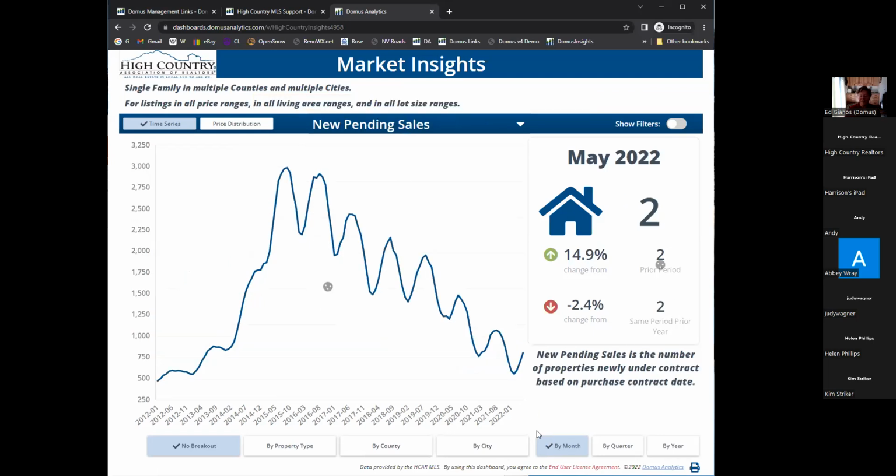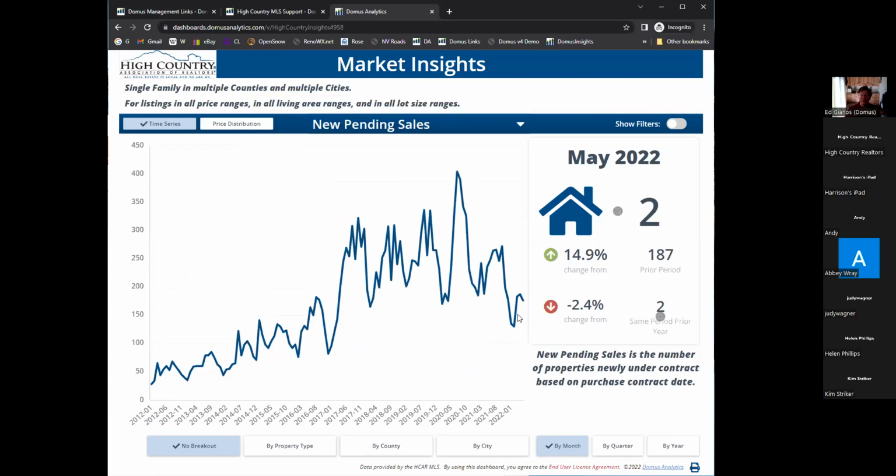New pending sales. This is another one that I'm watching super closely. This is just the number of new contracts that have been written and accepted and have remained as accepted contracts. So in May, we wrote 176 contracts.